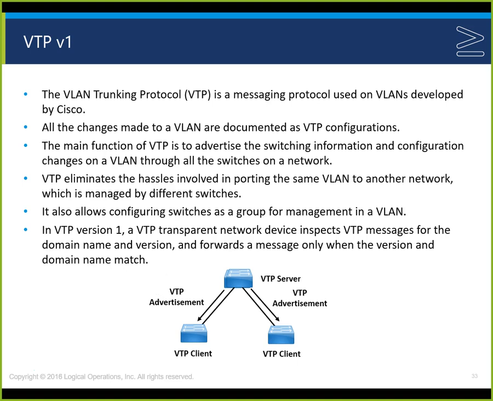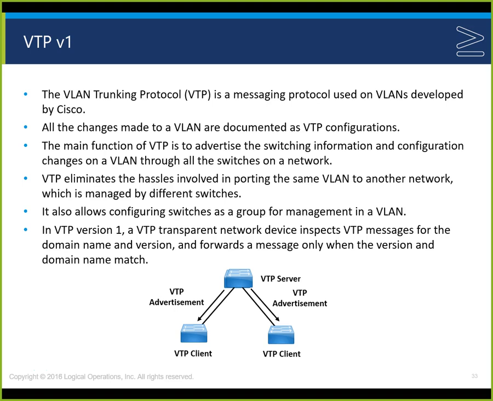Different versions of the VLAN trunking protocol. It is a messaging protocol developed by Cisco. Changes made to the VLAN are documented as VTP configurations. Its main function is to advertise the switching information, and hopefully we saw that.